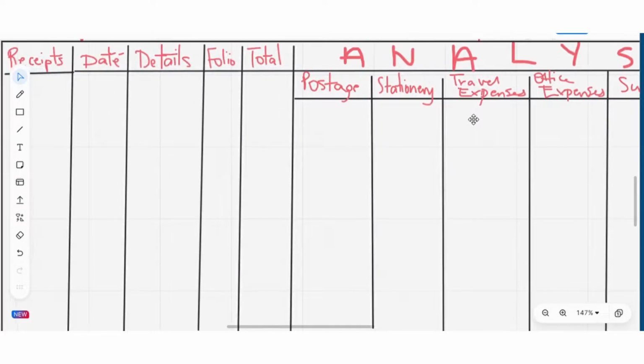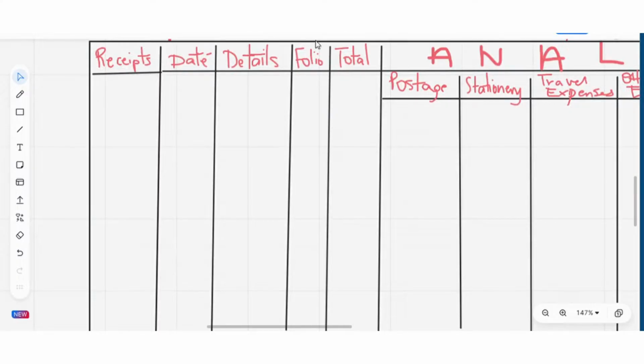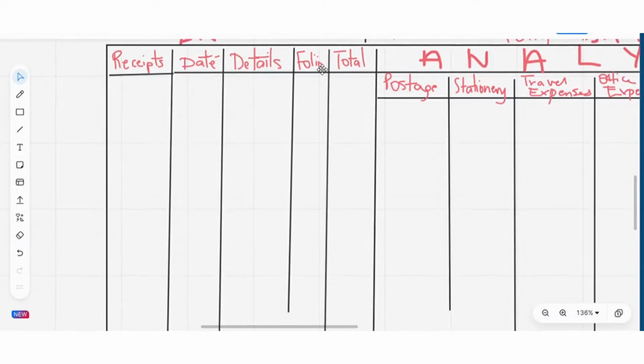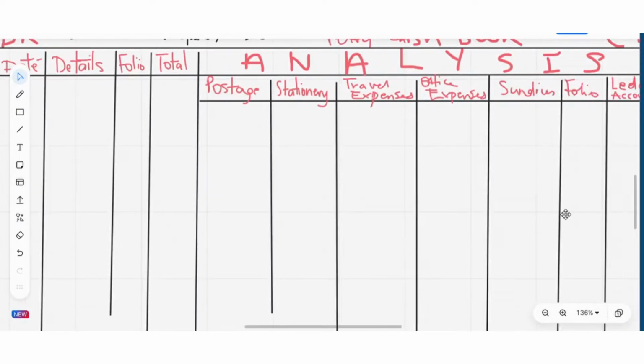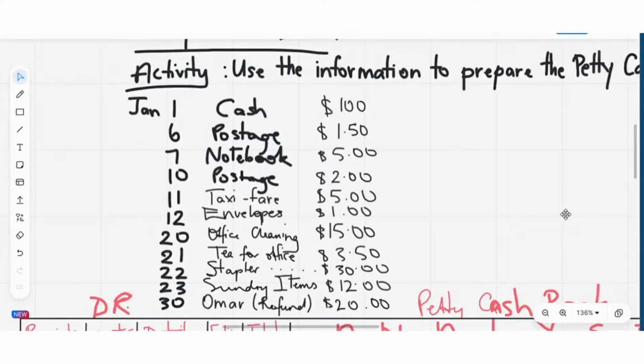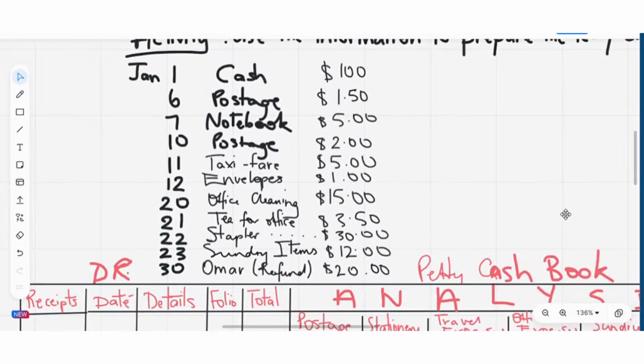We say that the ledger account we use it for the personal accounts, that's where you record them. Alright. For the folio columns now, it tells the source document where these transactions can also be found, because remember that these transactions are recorded in two places, two different separate accounts, where the money is coming from and where the money is going to. So based on the activity here, we started off with January 1st cash for $100.